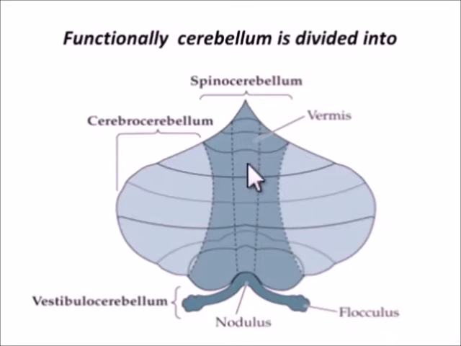It also receives tracts from the upper limbs, and these tracts are called the cuneocerebellar tract and rostral spinocerebellar tract.